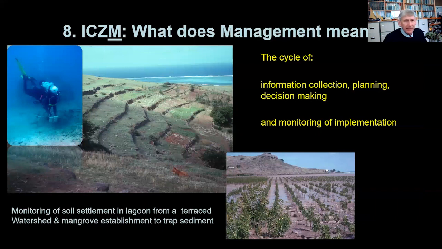So M is for management. And what management really means in terms of integrated coastal zone management is the cycle of information collection, planning, decision-making, and then implementing something and then monitoring.